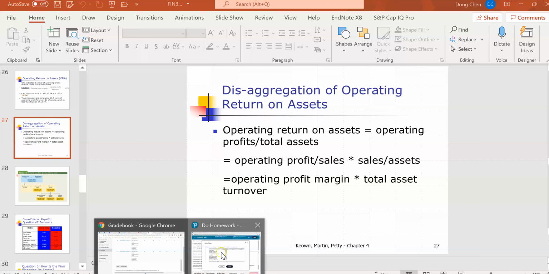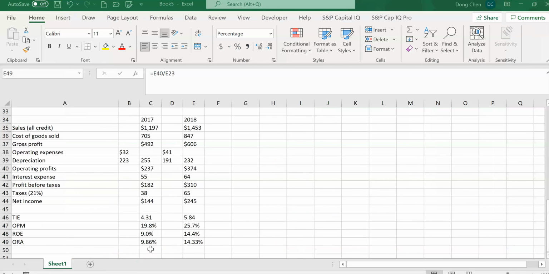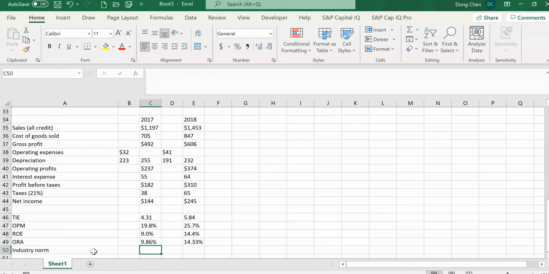So even though the operating return on asset is not directly provided, once we know the operating profit margin and the total asset turnover, we can estimate it. We multiply the operating profit margin, 20.0%, by the total asset turnover of 0.75 to figure out the average level for the industry.